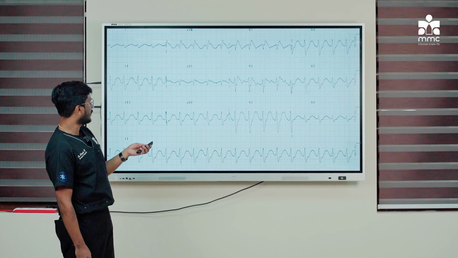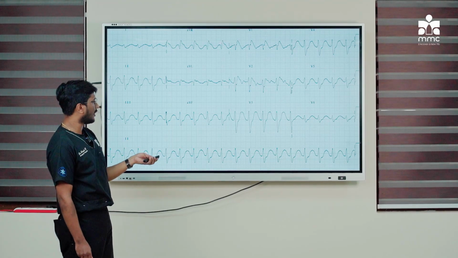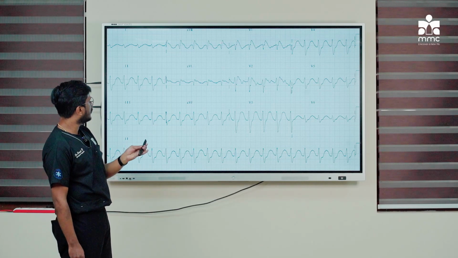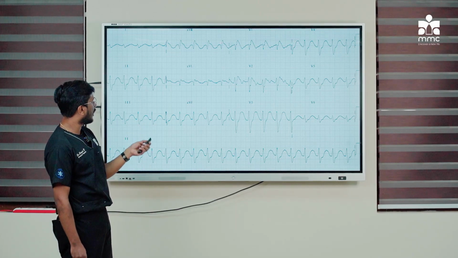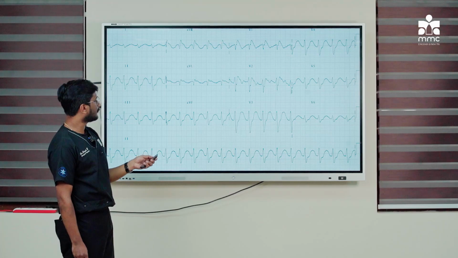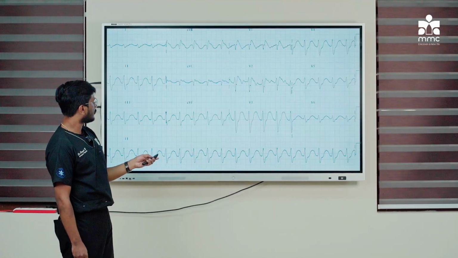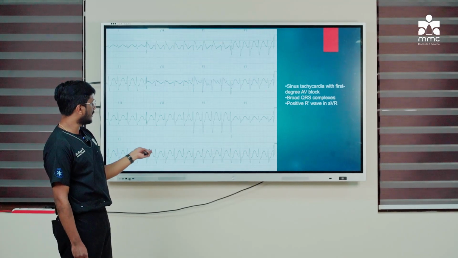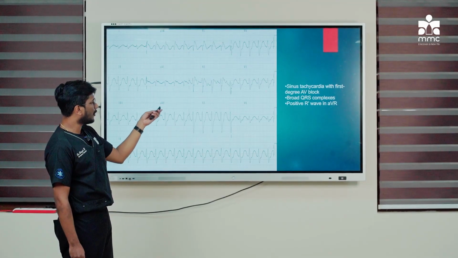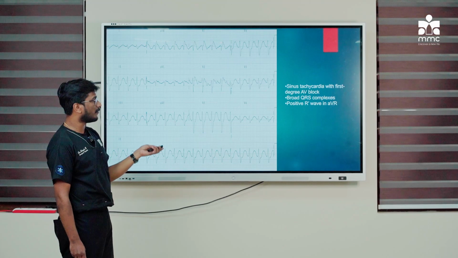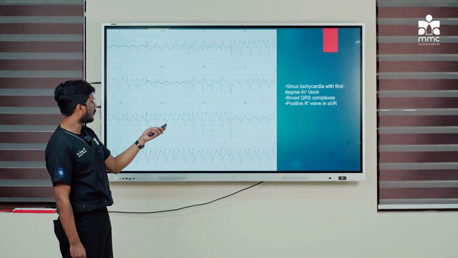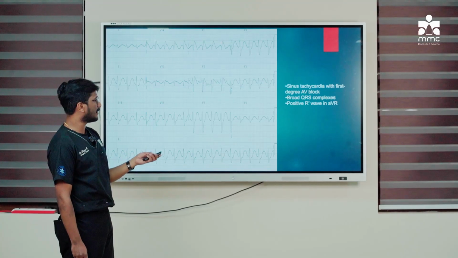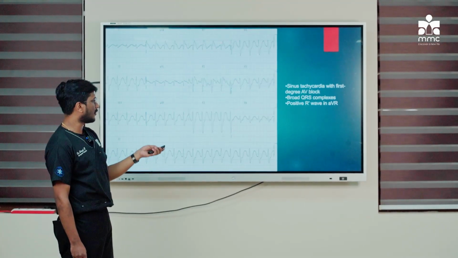In this ECG there is sinus tachycardia, the QRS is wide, and I have also mentioned the terminal R wave in aVR. Also there is a first degree AV block. P waves are not seen in other leads, mainly seen in V1 and V2. Also there is a broad QRS complex. These are the typical, characteristic ECG findings in cyclic antidepressant overdose.